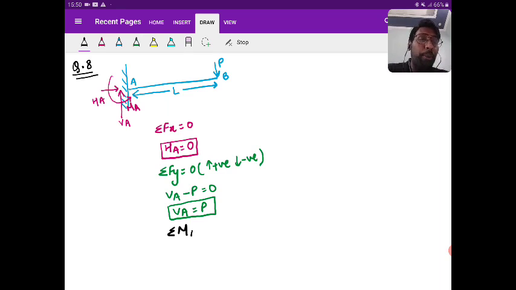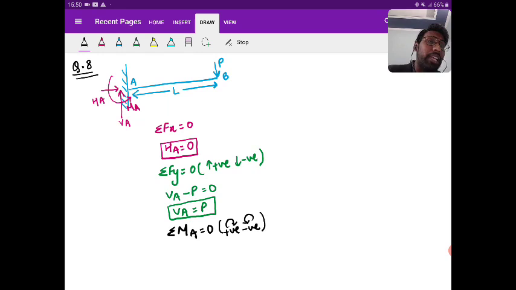So I am taking the moment at A, summation moment at A is equal to 0. Let us take clockwise positive, anti-clockwise negative. Since I am taking the moment at A, I am coming from right to left because A is on the left.